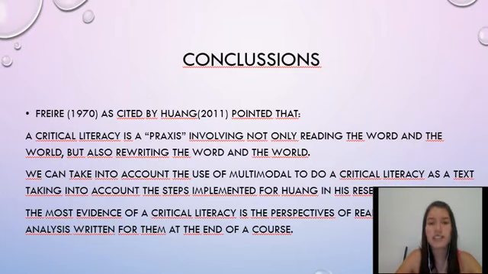We can take into account the use of multimodal texts to do critical literacy as a text, taking into account the steps implemented by Wand in his research. The most evidence of critical literacy is the perspectives of reading, doing an analysis, and writing for students, at the end of the course.